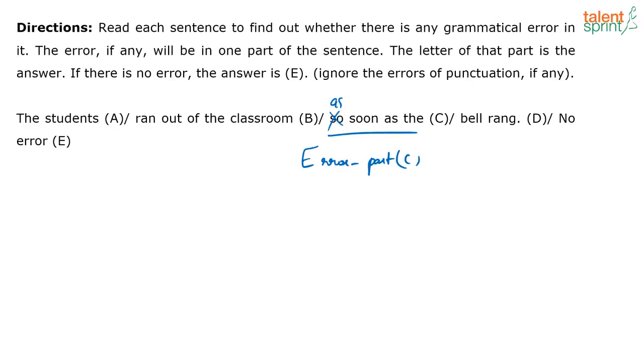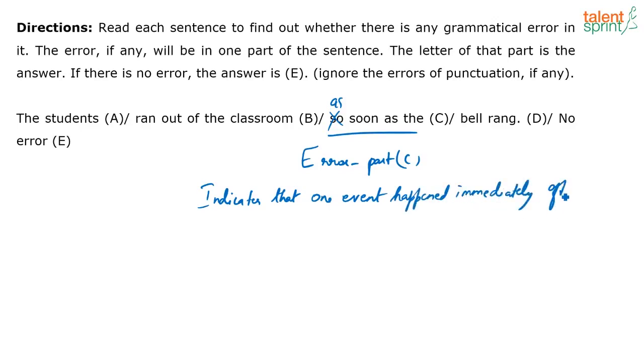Why? Because the emphasis is on one event happening immediately after the other. The bell rang, then the students ran out. So the context is indicating that one event happened immediately after the other.